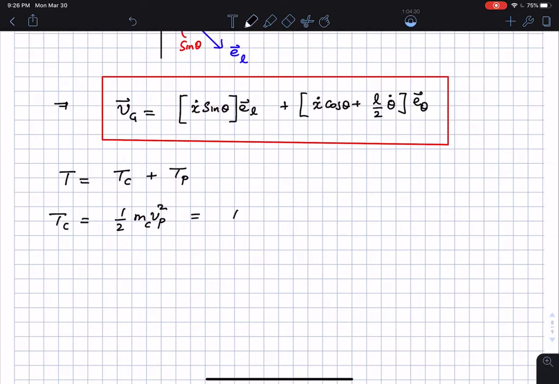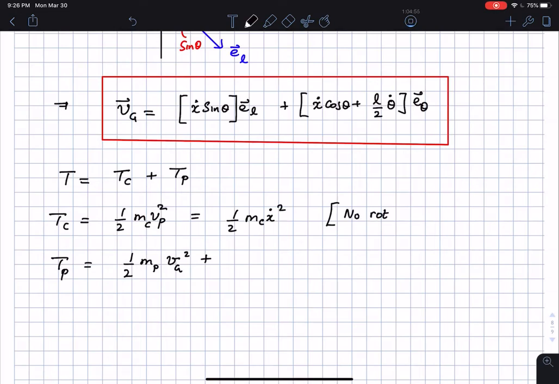So this is going to be half mc x dot squared. And then T of the pendulum, you have to be careful. This is going to be half m pendulum vg squared plus, remember that the pendulum is a rigid body and it is in rotational motion. The cart does not have any rotational kinetic energy. I just want to make a note of it.